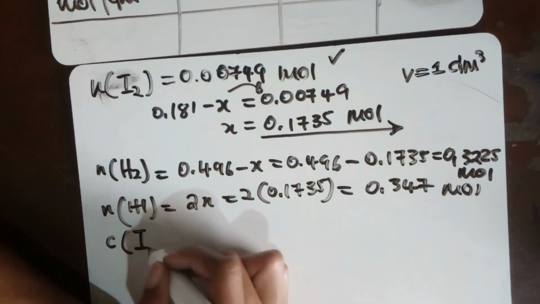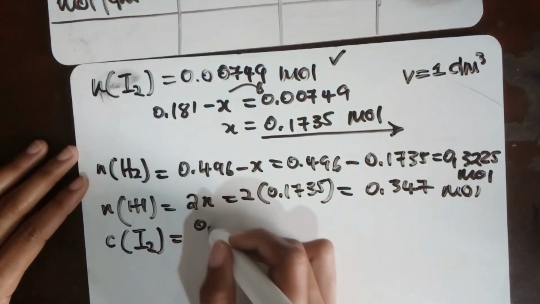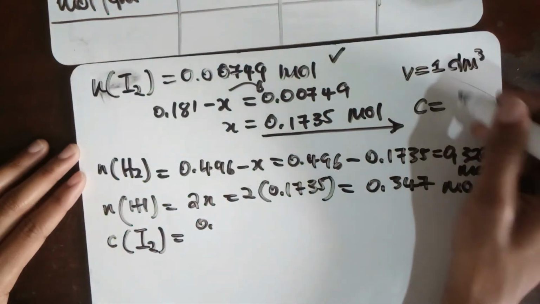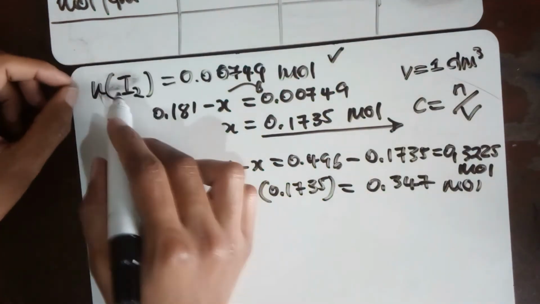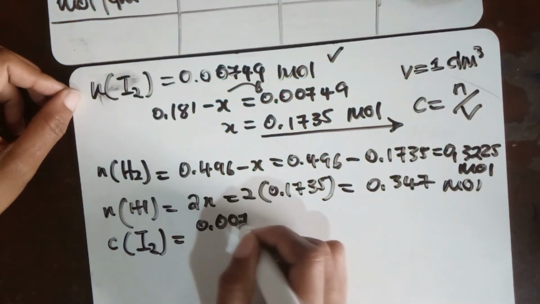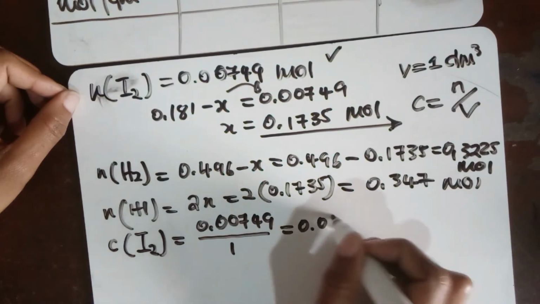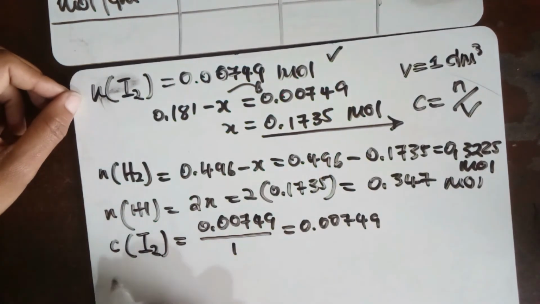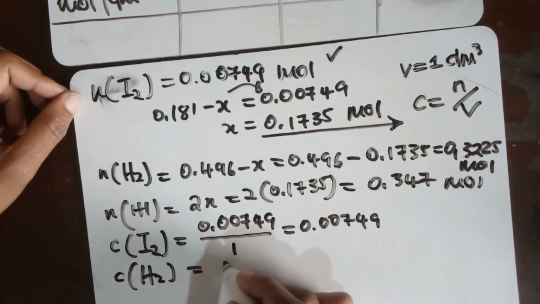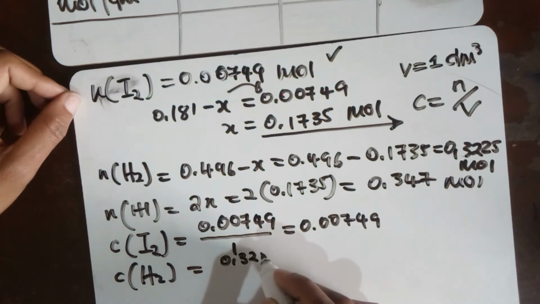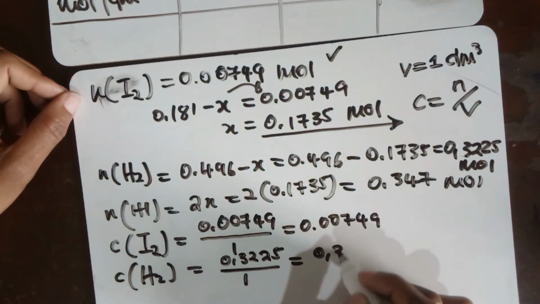So we can calculate the concentration of iodine by simply taking its number of moles. Remember, concentration is given by the number of moles divided by the volume. So for I2, iodine, it's going to be 0.00749 divided by 1, which is 0.00749. Concentration of hydrogen is going to be the number of moles of hydrogen, 0.3225, divided by the volume, which is 1, which will give me 0.3225.